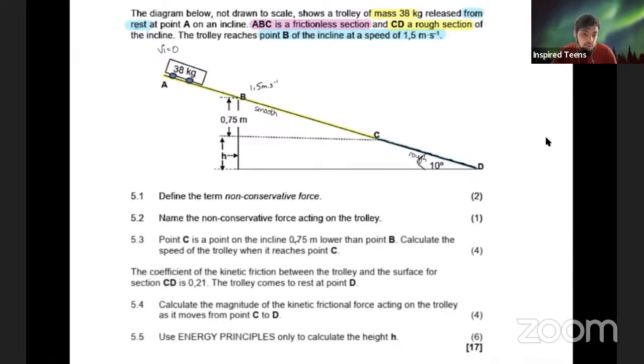5.1, define the term non-conservative force. Do I have a definition? Yeah. Okay. Let me get you guys an exact definition. What's the fastest place to get that? Go to your Google Drive and let's utilize that.